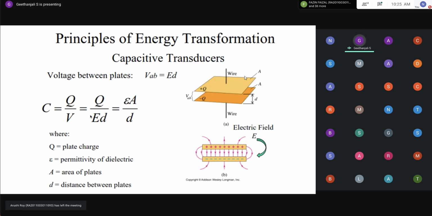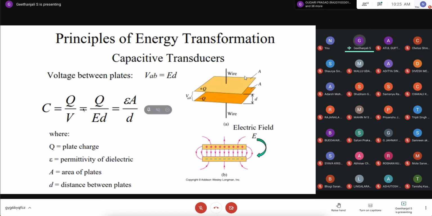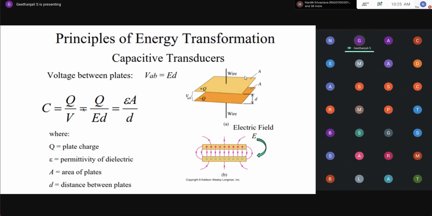E is the electric field which is available between the two plates. The VAB, as we have studied earlier, is given by E D. D means the distance between the two plates. E is the electric field generated in between the two plates.